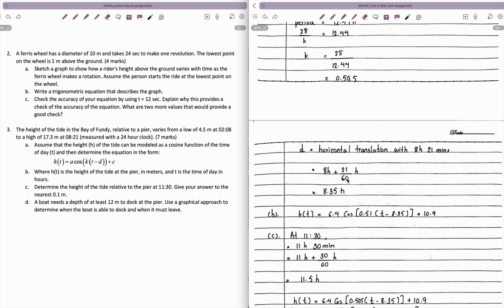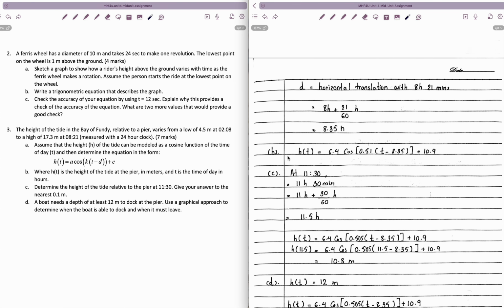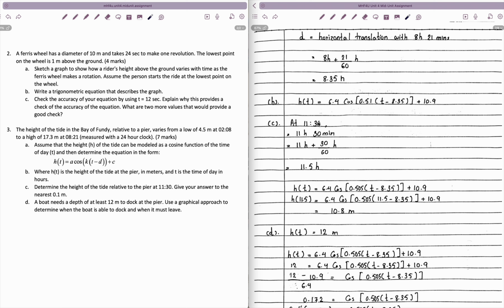So 8 hours plus 21 minutes; we convert the minutes to hours by dividing by 60, so we get d is 8.35 hours. The equation is h of t equals 6.4 cos 0.51 into t minus 8.35 plus 10.9. This is for B.